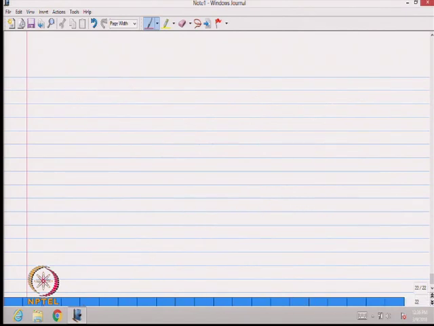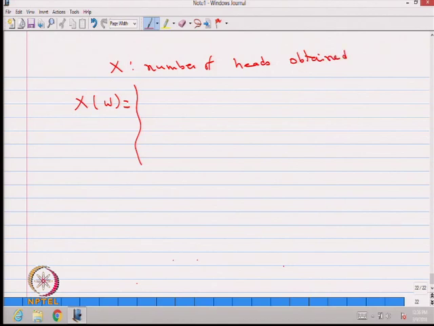Now, we are going to define the random variable, that is nothing but the real valued function, where X denotes the number of heads obtained when you toss two unbiased coins.